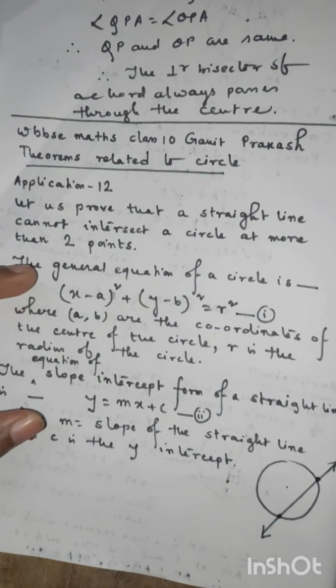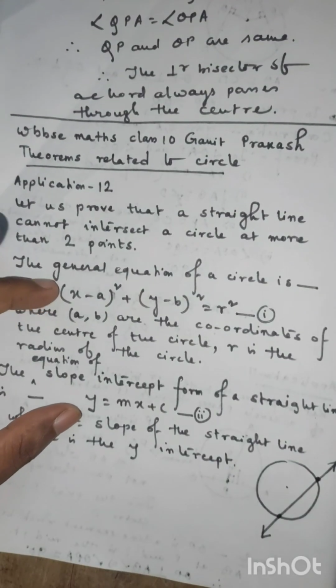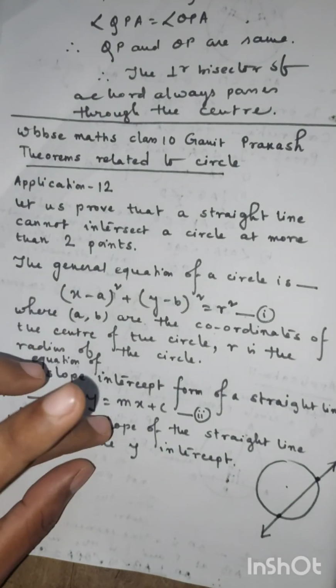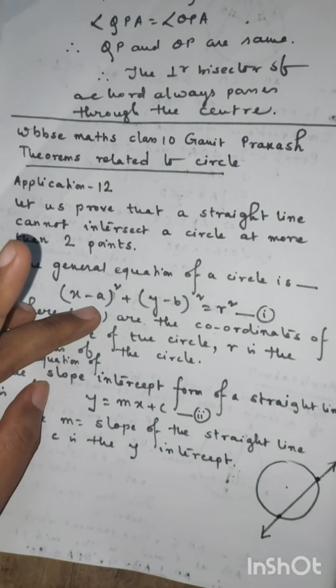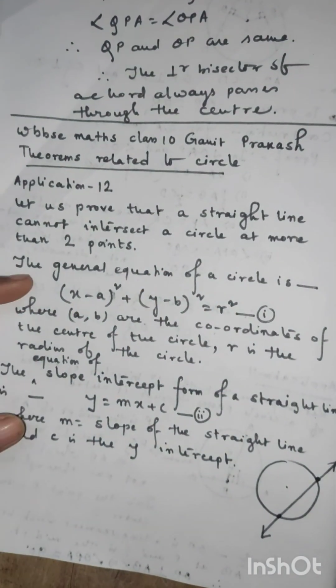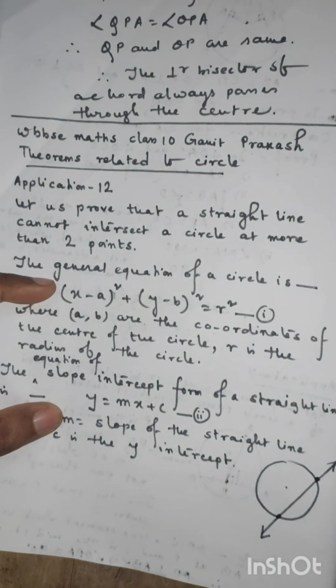Here m, c, a, b, r are constants. If we solve these two equations, we can get the points of intersection. Now let us solve.